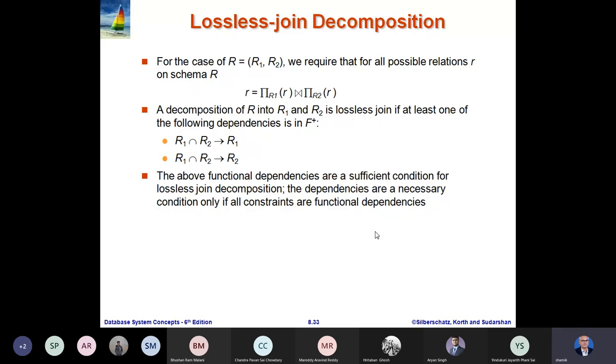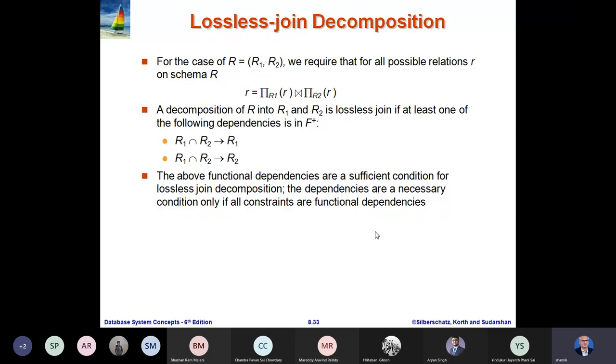So a decomposition of R into R1 and R2 is lossless join if at least one of the following dependencies is in F plus: R1 intersection R2, the columns that are there in both R1 and R2, either functionally determines R1 or functionally determines R2.